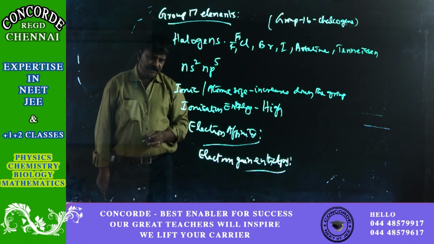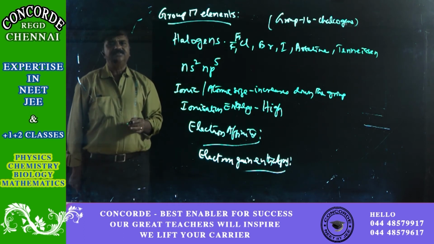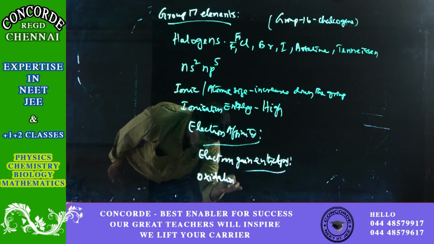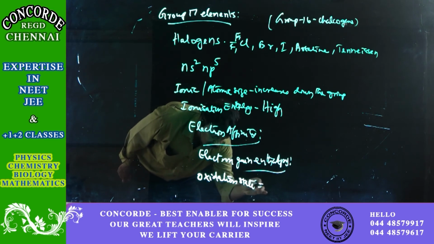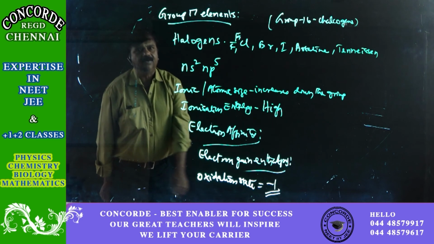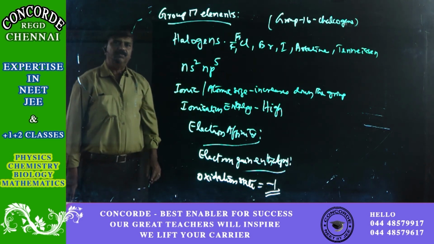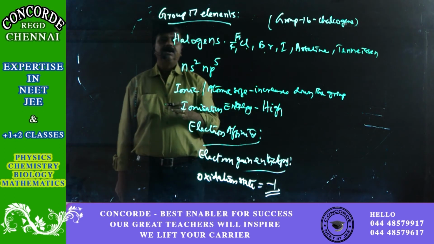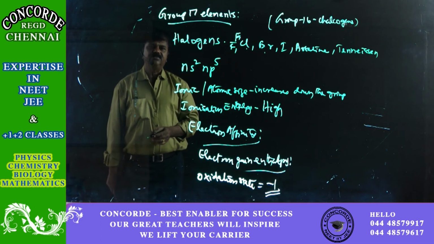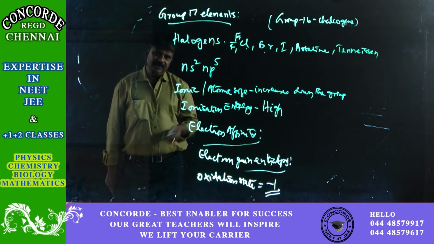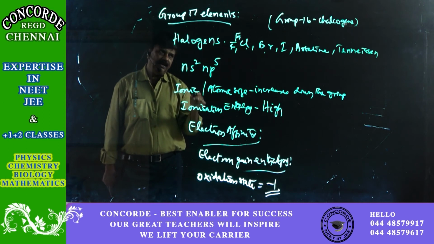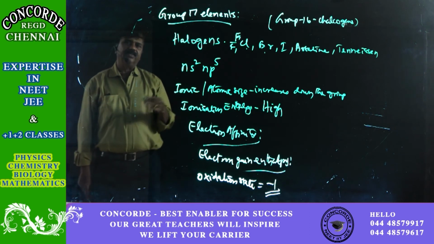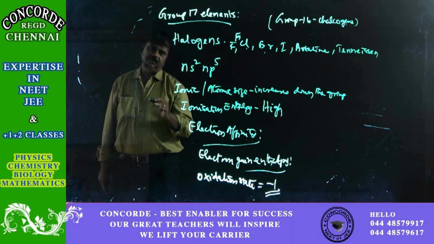Apart from these properties, in general, the oxidation state of all the halogens is invariably -1 in most cases. But for certain elements like chlorine, bromine, or iodine, the plus oxidation states can occur. And chlorine, bromine, iodine show plus oxidation states only if they combine with more electronegative elements than themselves, like fluorine or oxygen. Okay.